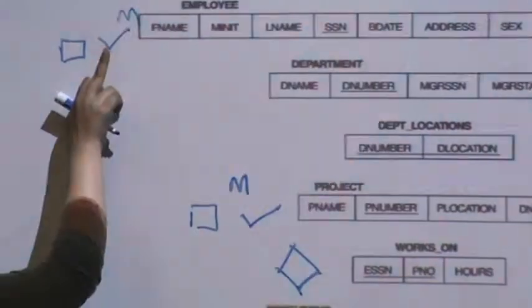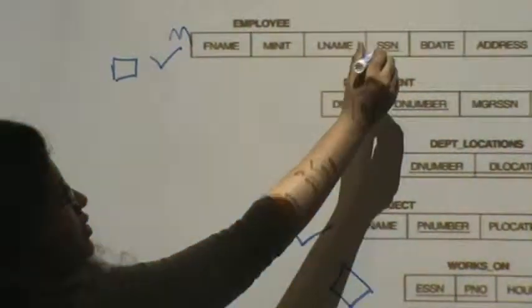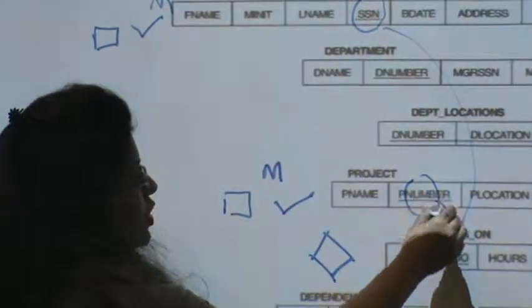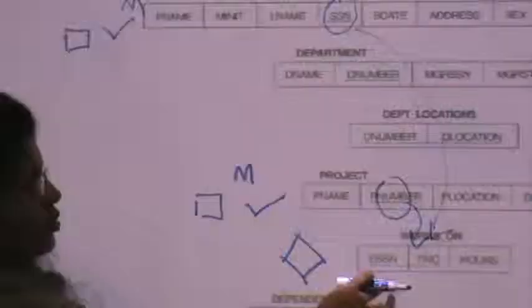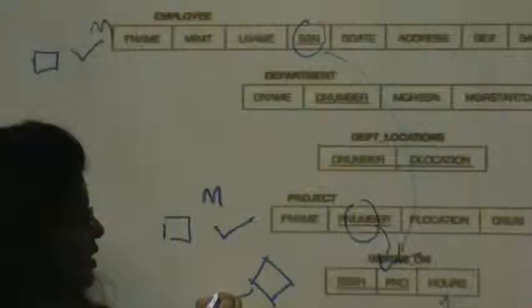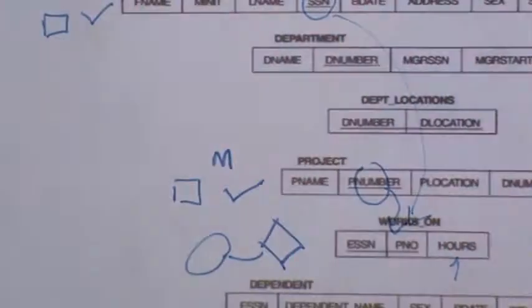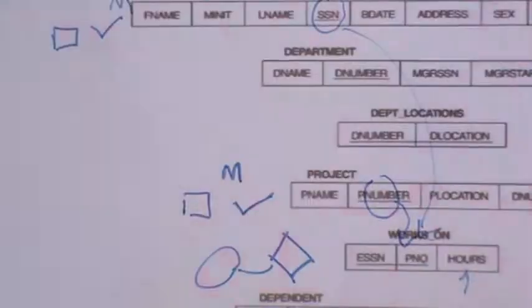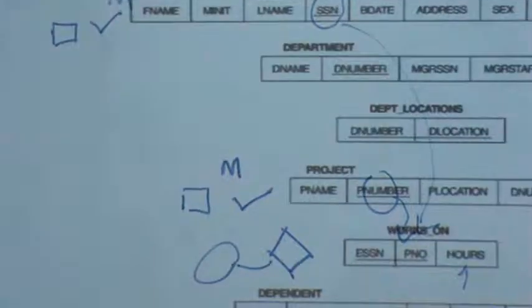When it's many-to-many, the relationship becomes a separate table, and the primary key from one entity and the primary key of the other entity go into this relationship table, and the relationship can have its own attributes. Why am I explaining this? Because in your project, I'm expecting three things: one-to-one, one-to-many, and many-to-many.